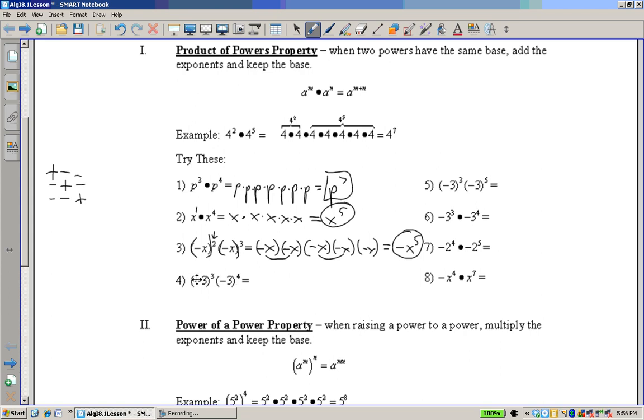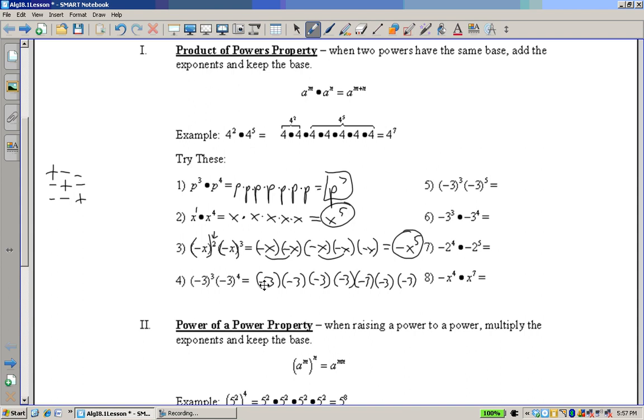Okay, same thing here. We have parentheses and then the exponent right outside. This is negative 3 to the third, and then we have negative 3 to the fourth. Exact carbon copies. 1, 2, 3, 4. 1, 2, 3, 4, 5, 6, 7 threes.